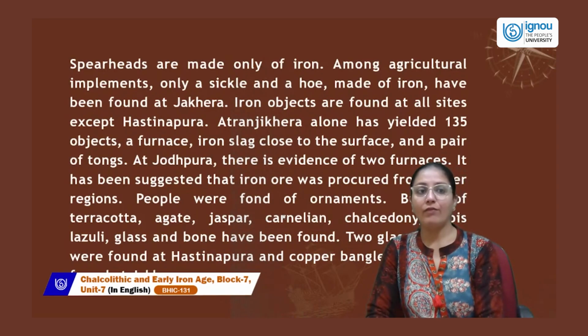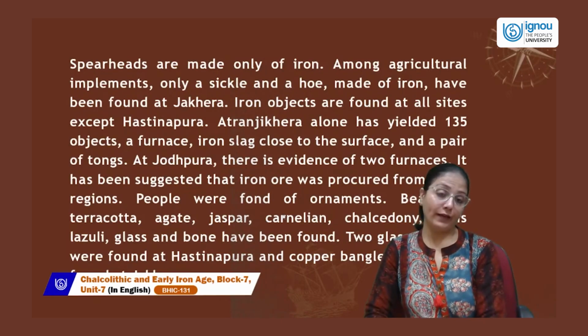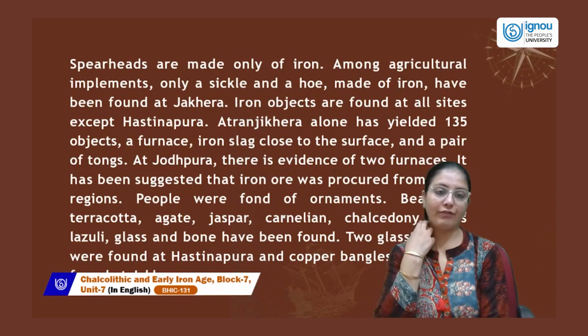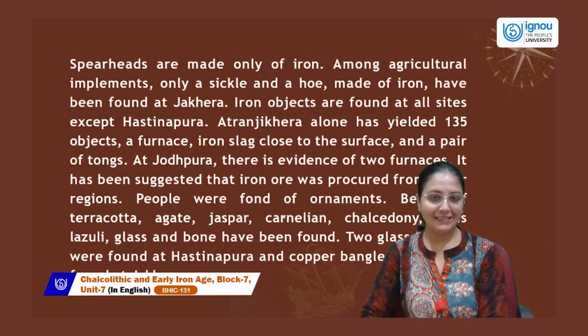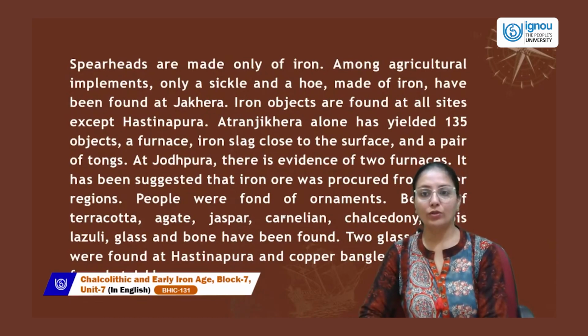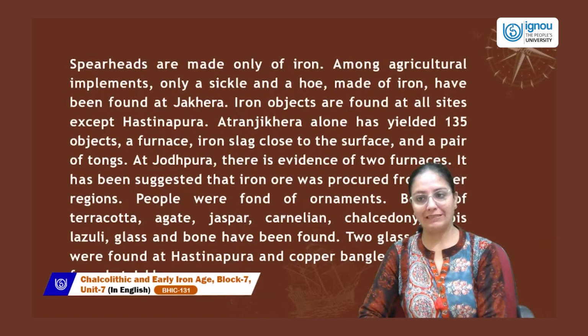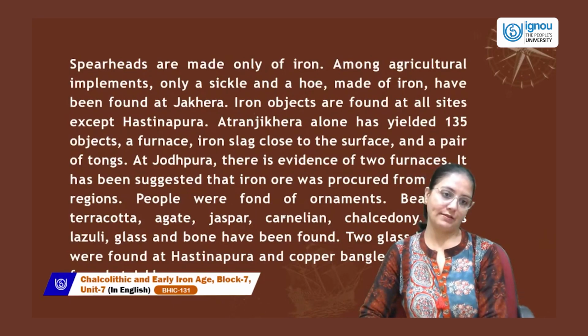Iron objects were found in all sites except Hastinapur. Atranjikhera alone has yielded 135 iron objects. Furnace, iron slag close to the surface, a pair of tongs. At Jodhpura, evidence of two furnaces. It has been suggested that iron ore was procured from other regions.